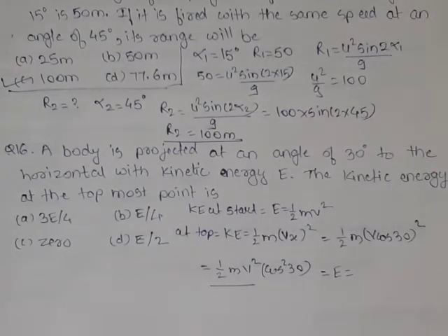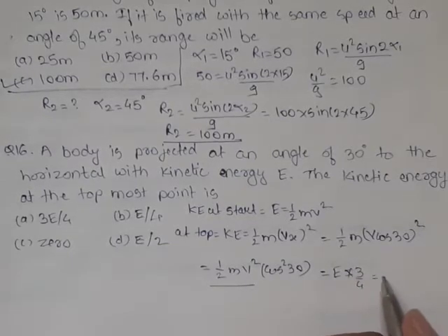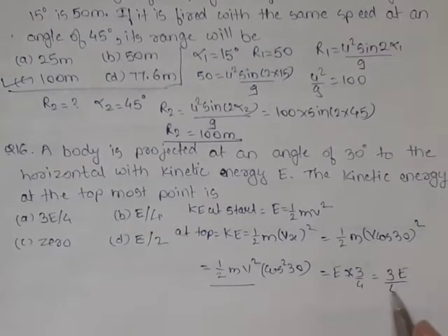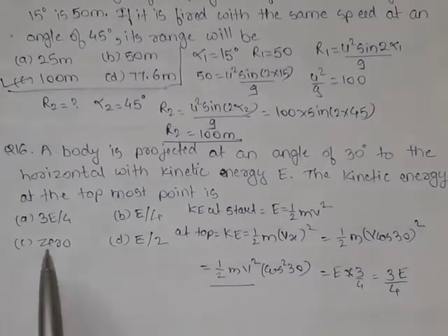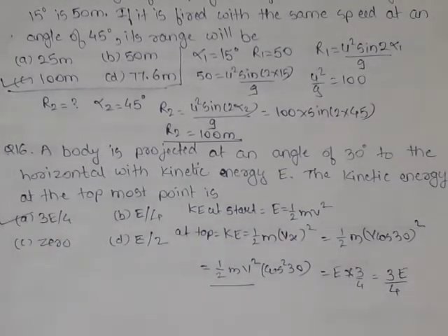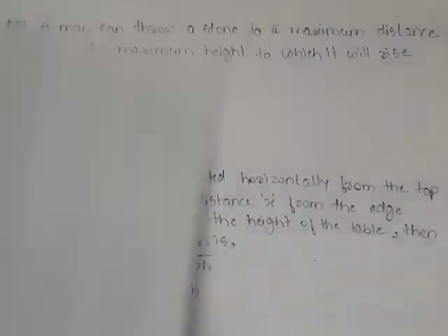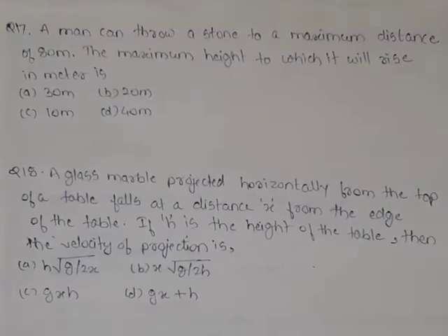It is root 3 by 2, and its square is 3 by 4. Or we can say 3E by 4. This is our answer, and for question 16, option A is correct. 3E by 4 is our kinetic energy at the top when it was projected at an angle of 30 degrees at start.